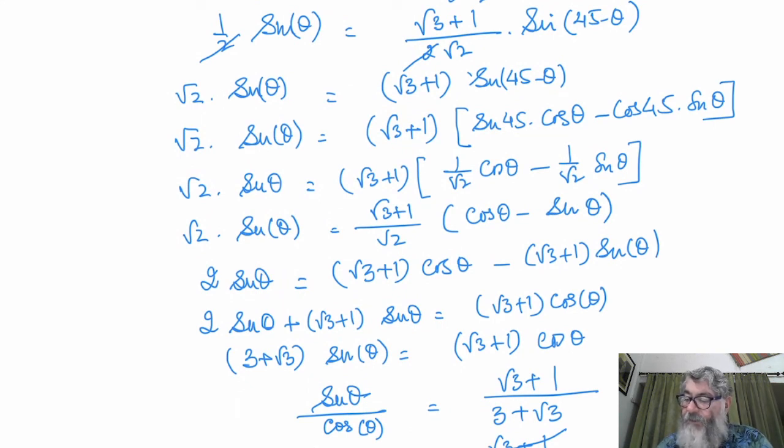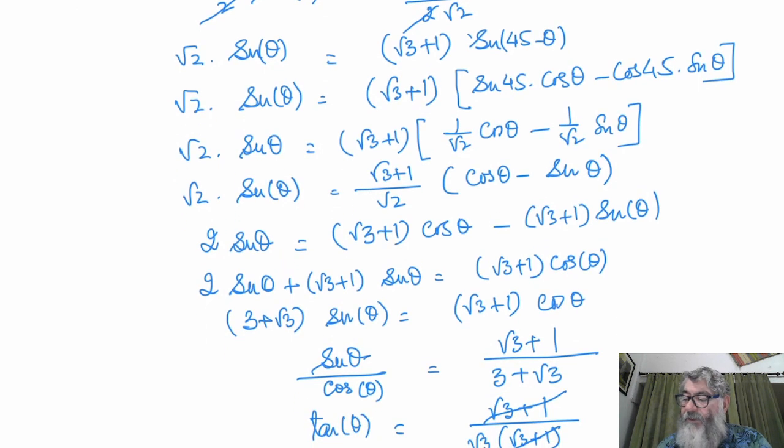I divided by cos theta and transferred the constant term to the right hand side. We realize sine theta upon cos theta is tan theta, equal to root 3 plus 1 upon 3 plus root 3. In this I took root 3 common.